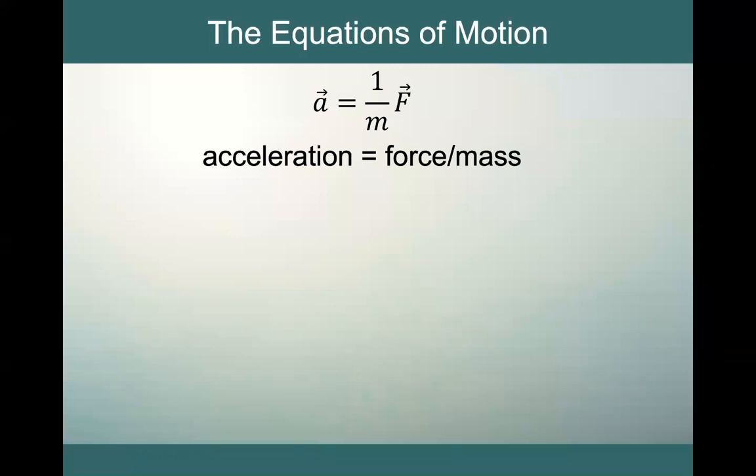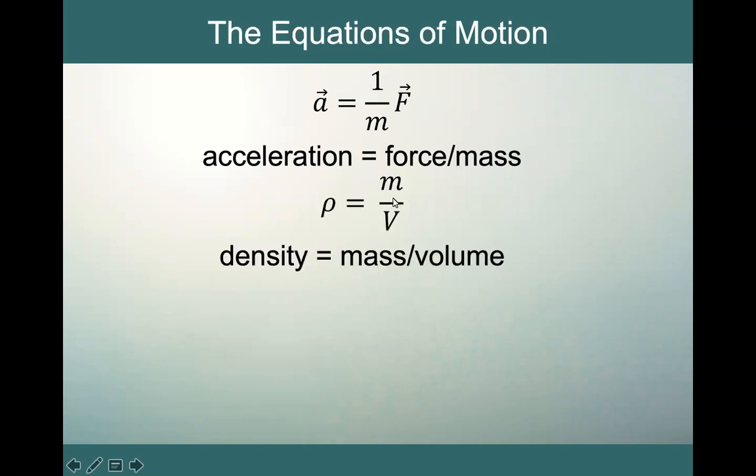However, we're talking about the ocean, and the ocean isn't a ball. It's not a box. It's a fluid. So we can't talk about its mass. Instead, we talk about its mass per unit volume. Similarly, we talk about the force per unit volume. The mass per unit volume, we know, is the density, where the density is the mass over the volume.